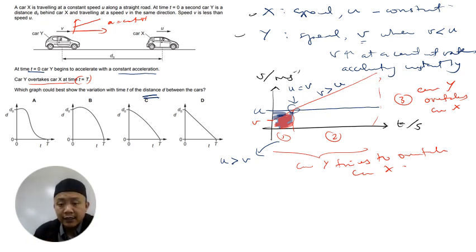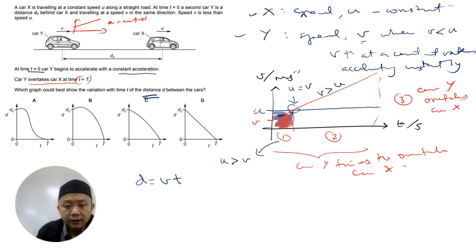Okay, we can visualize this mathematically. Basically, distance is just velocity times time, isn't it? Now the distance between car X and car Y, we can find using the difference between the two areas under the graphs.